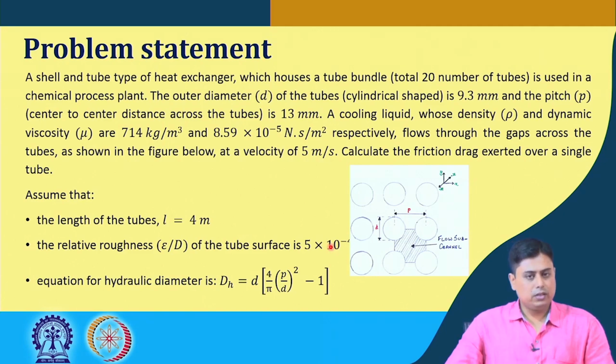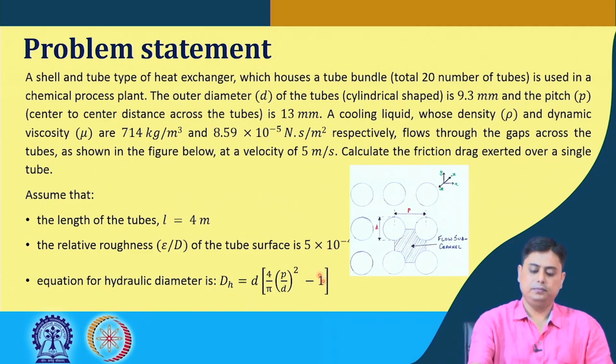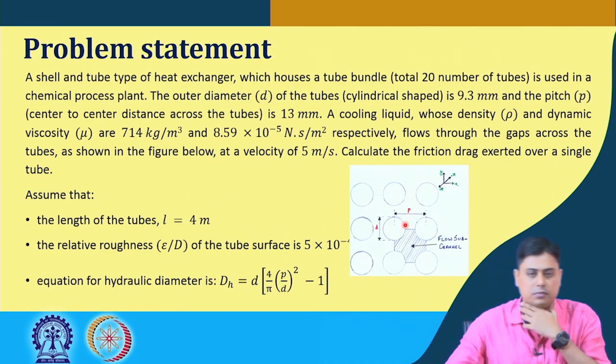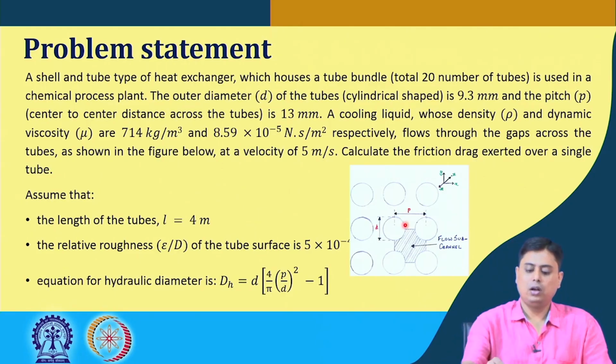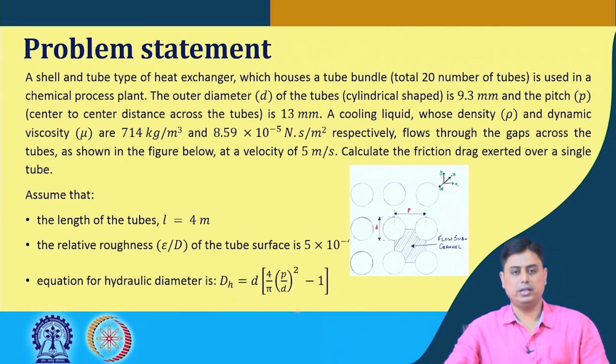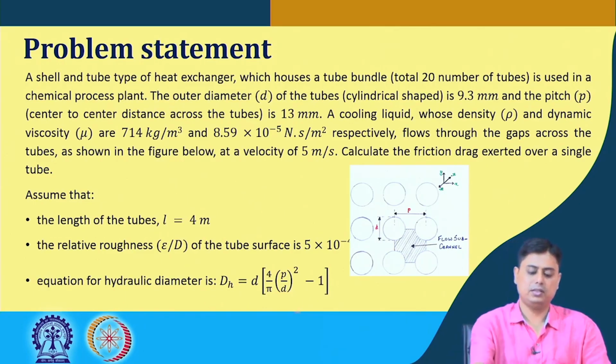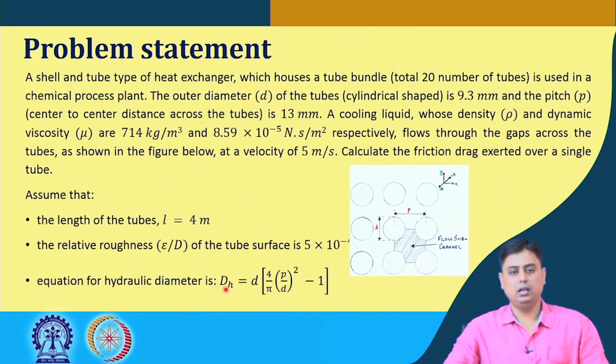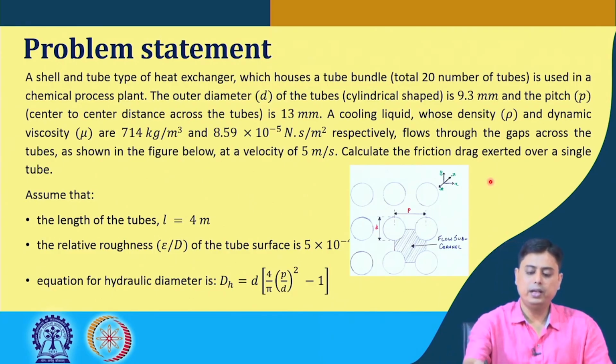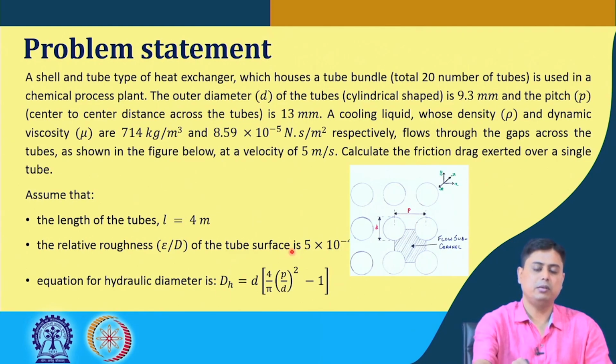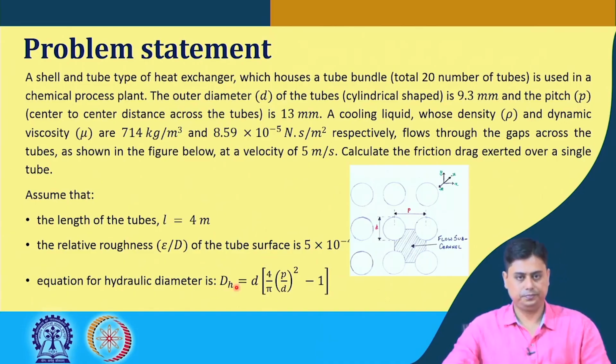And this equation for the hydraulic diameter is directly given. It depends on the diameter of the tube as well as the pitch, that is the center to center distance between the tubes. For this kind of rectangular pitch, this is the equation for the hydraulic diameter, which can be derived, but for the sake of simplicity here we have directly shown it. If the pitch is triangular, so the available area is triangular, this hydraulic diameter expression would be different.